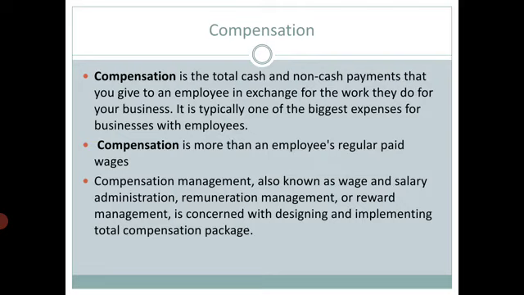Then, compensation management is also known as wage and salary administration, remuneration management, or reward management. It is concerned with designing and implementing a total compensation package.